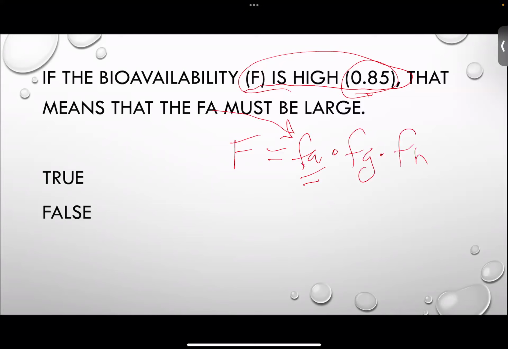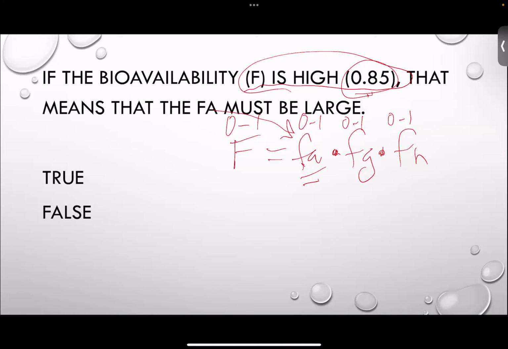All three of these are components and they're multiplied together. They're not added together, but multiplied together. And each of these can be between 0 and 1, right? So if these are all 1, this is going to be 1. If any of these is 0, this is going to be 0, right? So this could be 1, this could be 1, and this could be 0, and F will be 0, right?